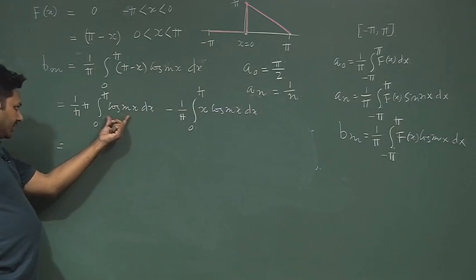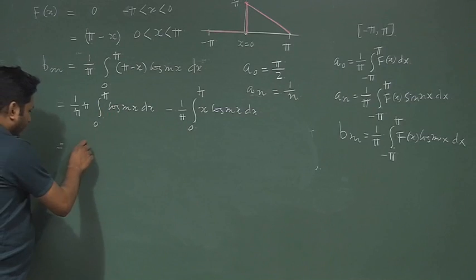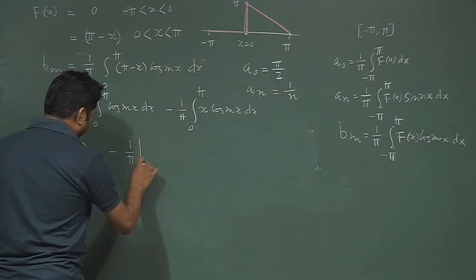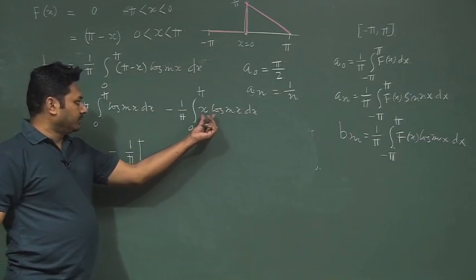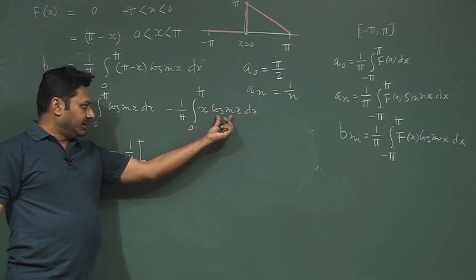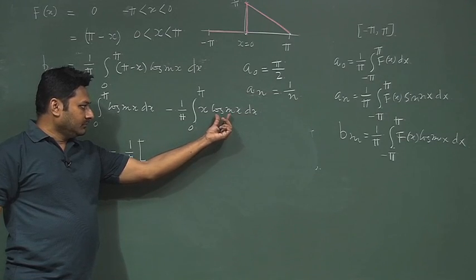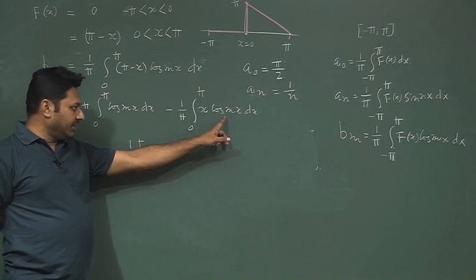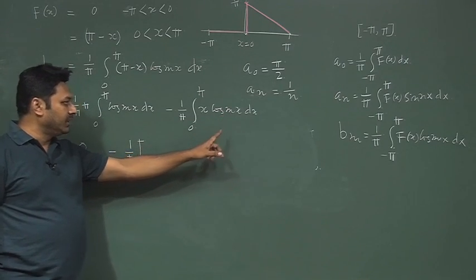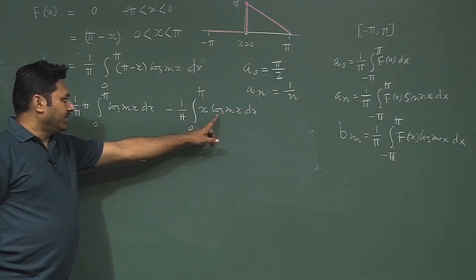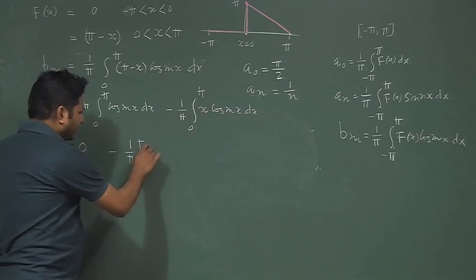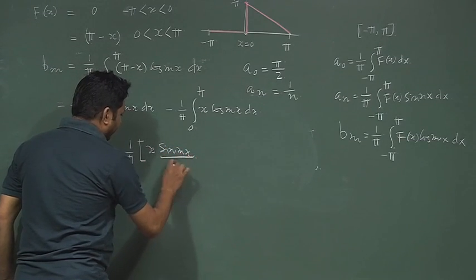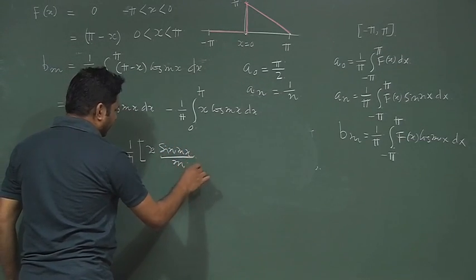The cos term will be converted to sine, and when you put in the limits, this term is also going to vanish. Here, the first term is this. I am doing these integrations quite fast, because I believe you understand them. Integrating by parts, x is the first function, and the integral of cos mx is sine of mx divided by m, with the limit 0 to pi.